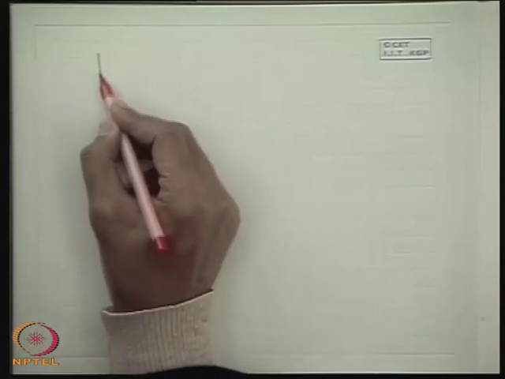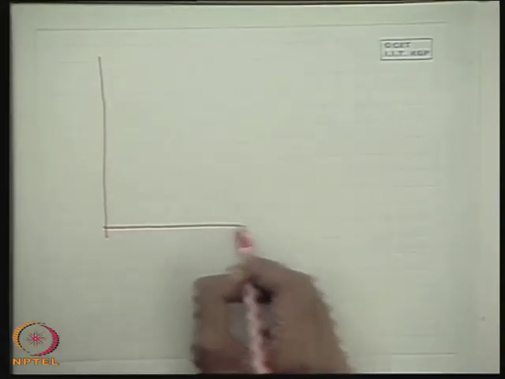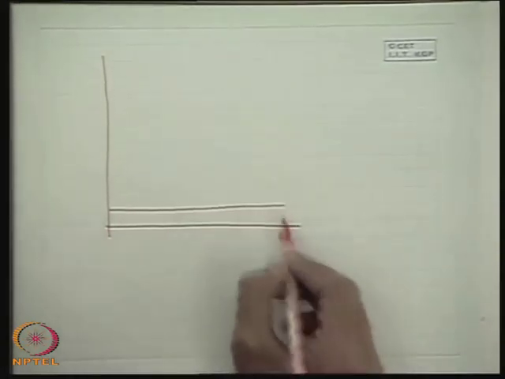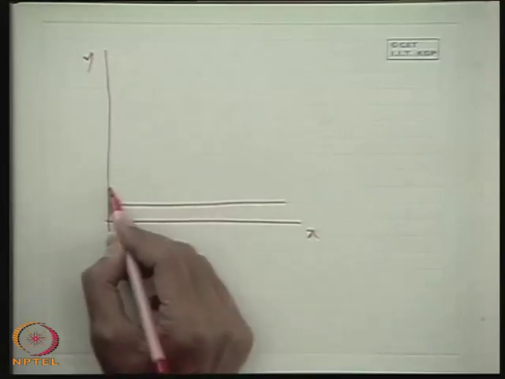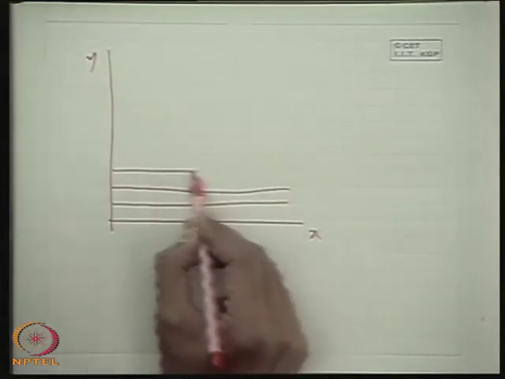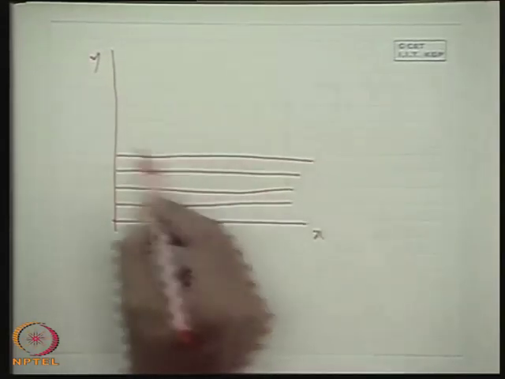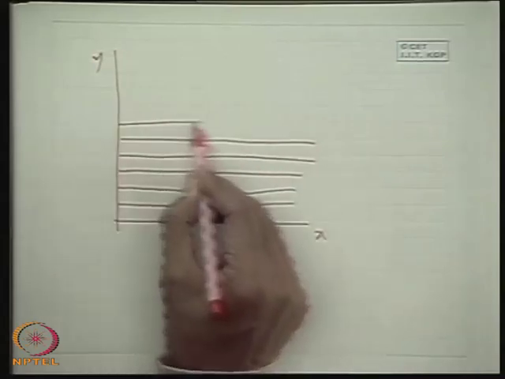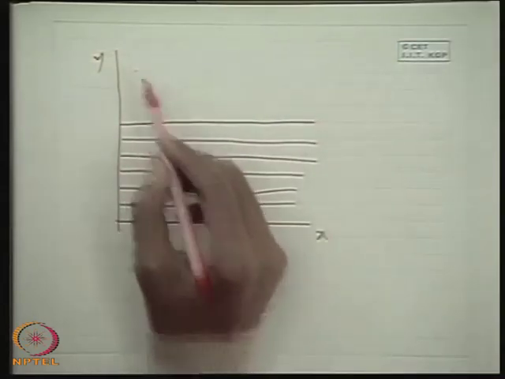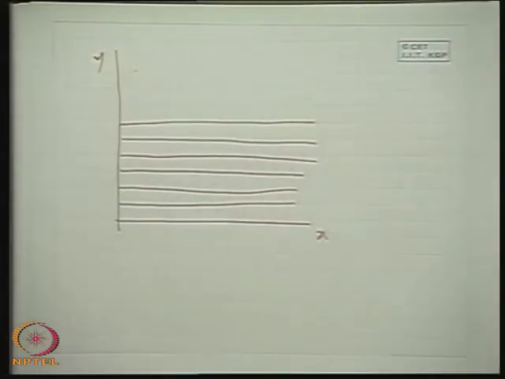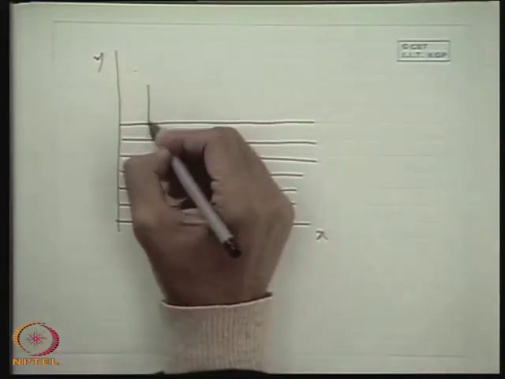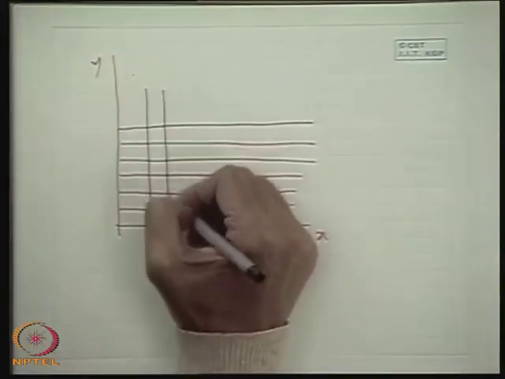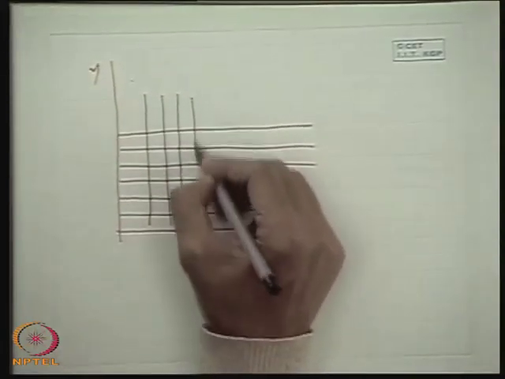Another type of flow net, for example if the streamlines are along the x-axis, this will be the flow net, the structure of the flow net, with a similar interval. Obviously in that case the phi lines will be the perpendicular lines along the y-axis.